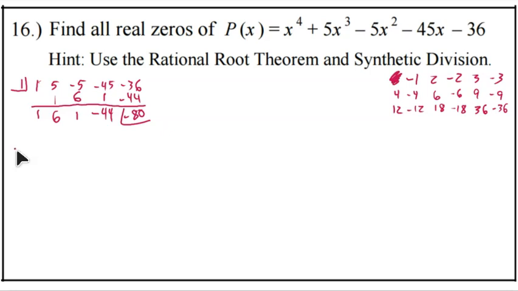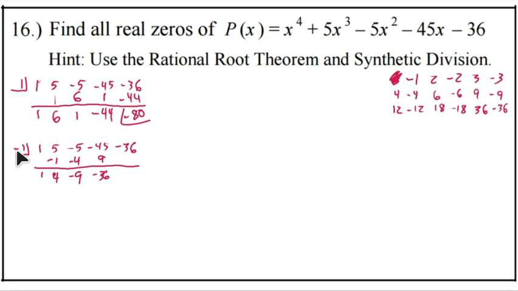Okay, now we'll try negative 1. We're going to try 1, 5, negative 5, negative 45, and negative 36. I'm going to try and squeeze it all in here, fit as many as I can in this space. Bring down the 1. 1 times negative 1 is negative 1, plus 5 is 4, times negative 1 is negative 4, plus negative 5 is negative 9, times negative 1 is 9, plus negative 45 is negative 36.